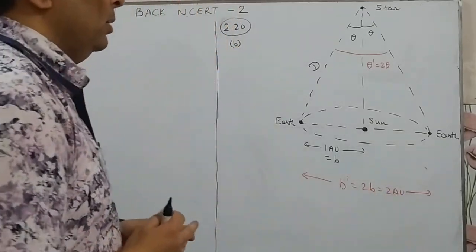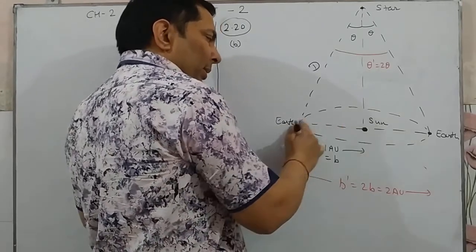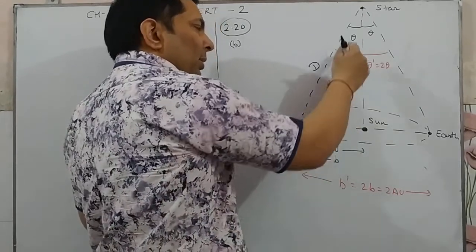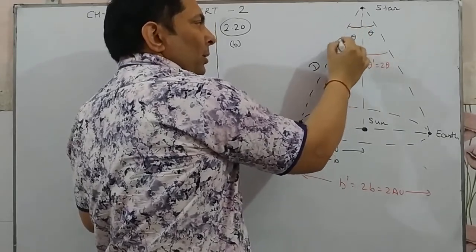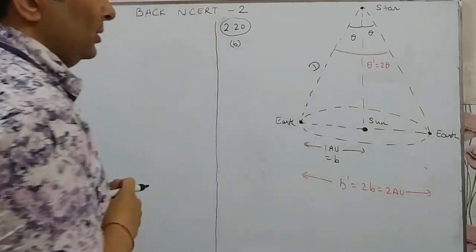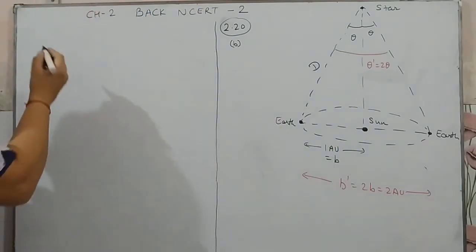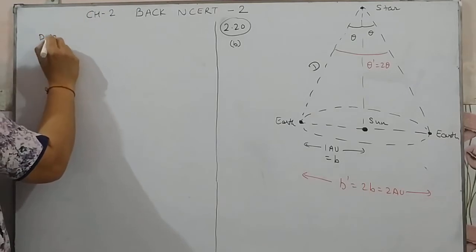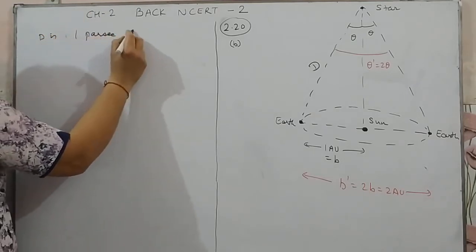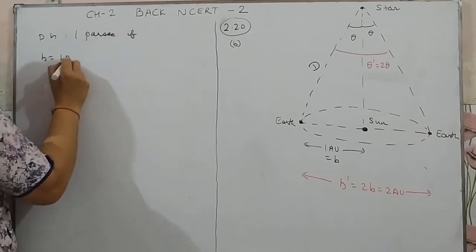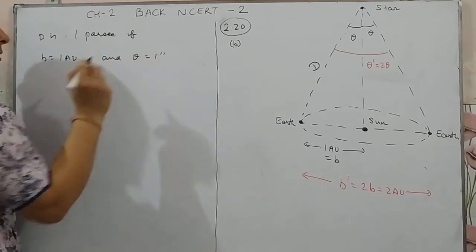Now, if the distance between the Sun and the Earth is 1 AU, and it subtends an angle of theta at this place, in that case d is known as parallax, parsec. So we say that d is 1 parsec if b equals 1 AU and theta is equal to 1 second.